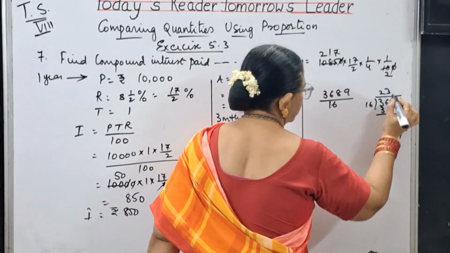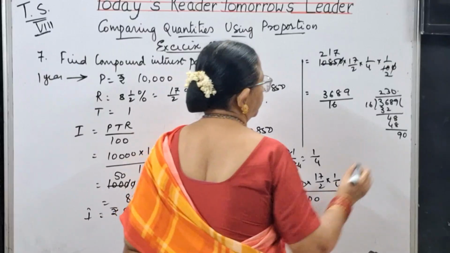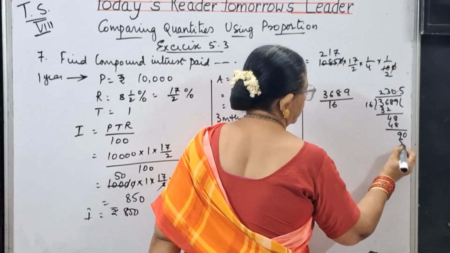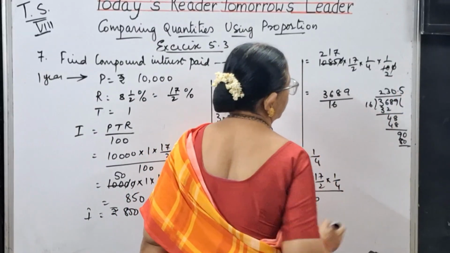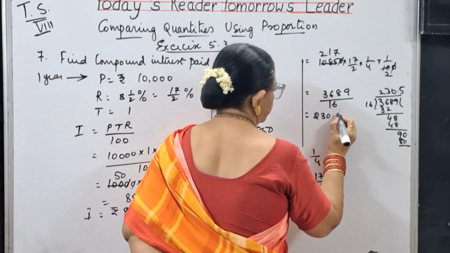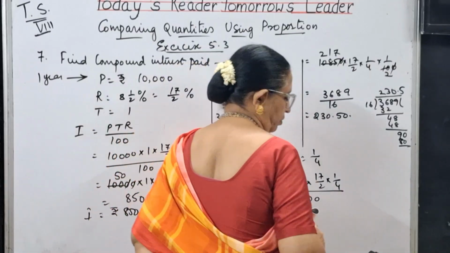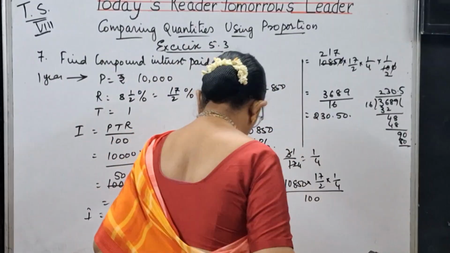You are getting 9. So keep a 0 after the decimal point, so another 0. 16 fives are 80. It goes on like this, children, but we will be taking it as 230.50 as interest. Now the question is, you need to find out the amount.